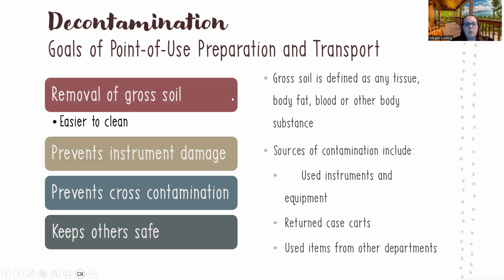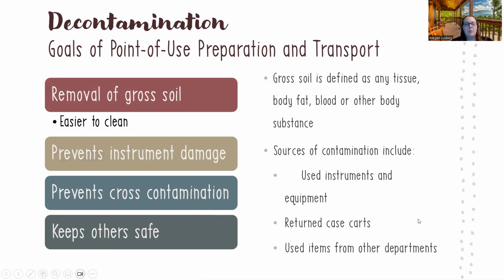So gross soil, like I said, is defined as any tissue, like body fat, blood, anything that's gotten visibly on those instruments. Other sources of contamination can include, as you're going through this whole process, even all the way into the case cart.